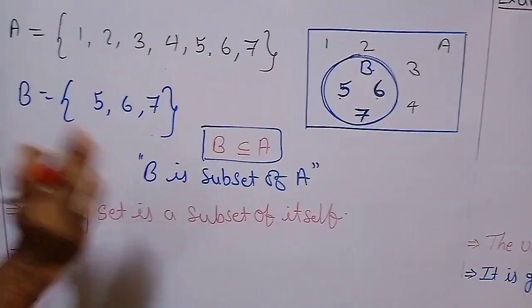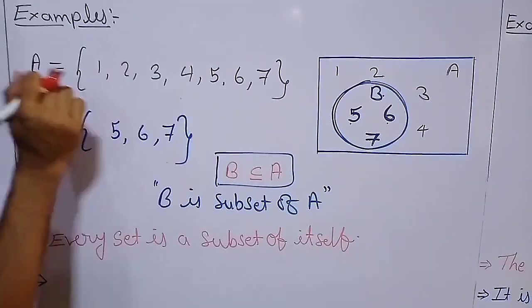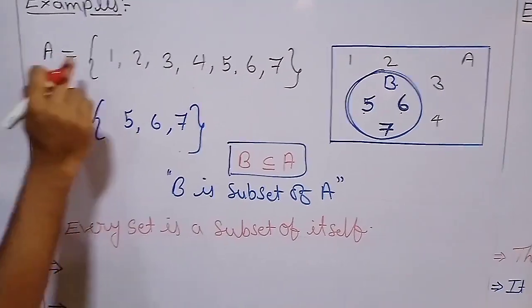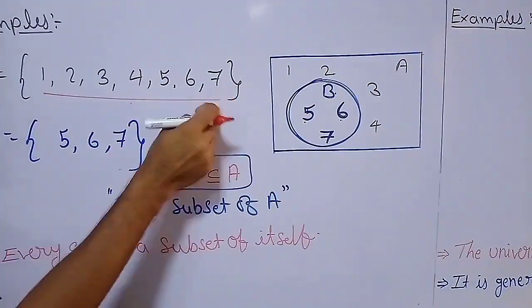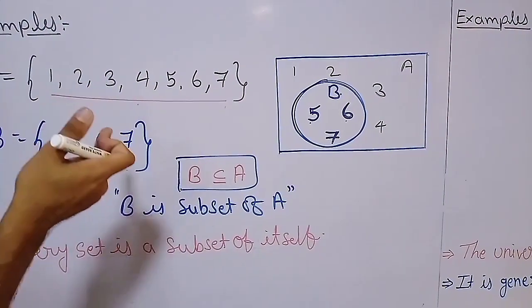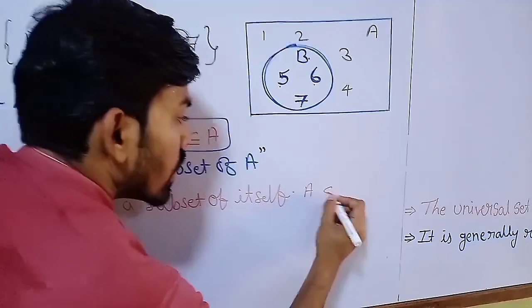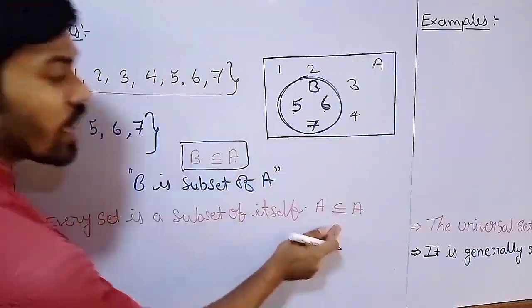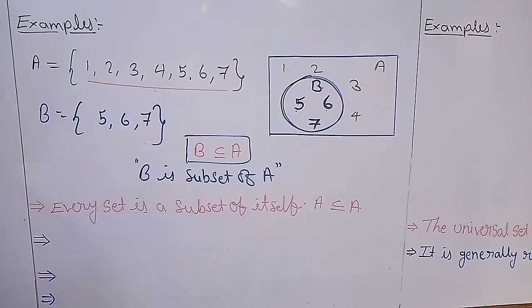Suppose there is a set A with the elements 1 to 7. Can we say this set is a subset of set A? Yes, that means set A is a subset of set A. So every set is a subset of itself.